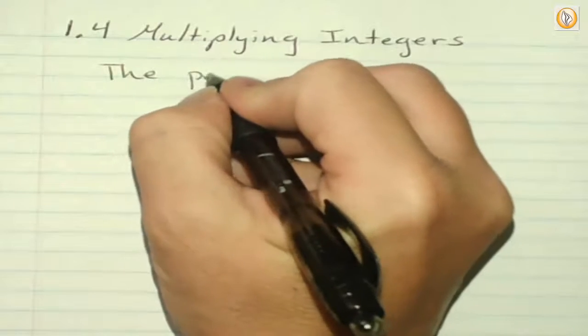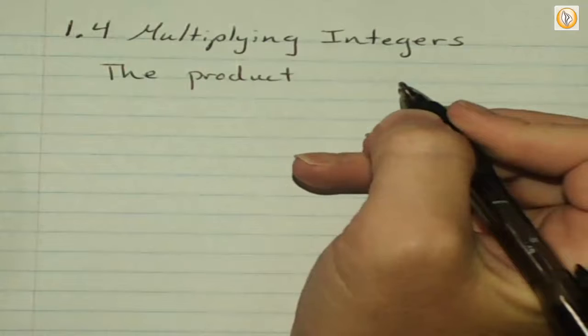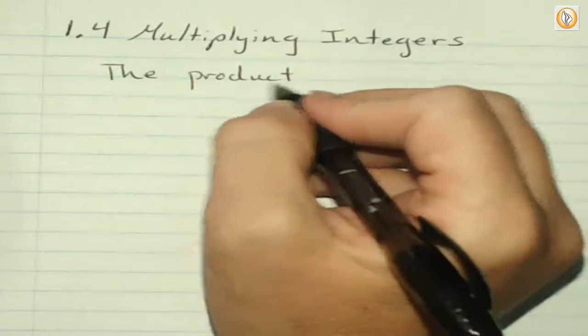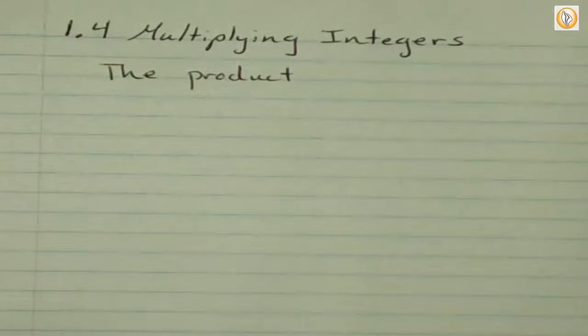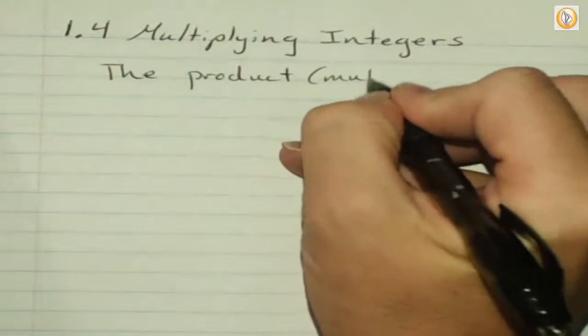Multiplying integers, 1.4. Moving right along. The product. What does product mean? The answer to a multiplication problem. So whenever you see the word product, that means multiplication. Product means you're multiplying.